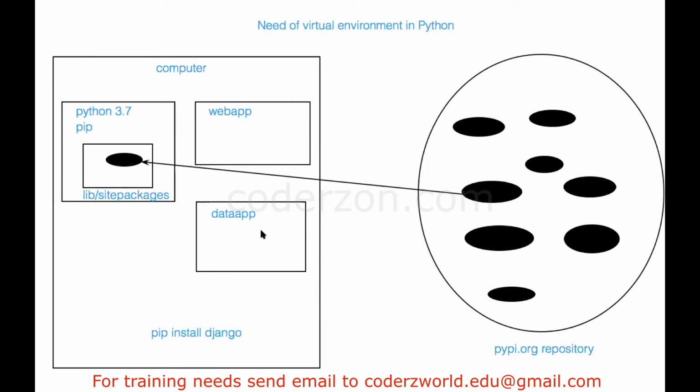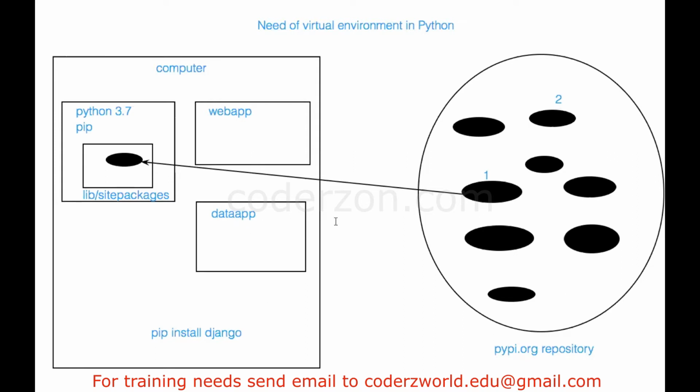Imagine that in this project, I want to use the same library but a different version. For this project, I have used this library, maybe version 1, and there is a latest release, maybe version 2, that I want to use for this other project.